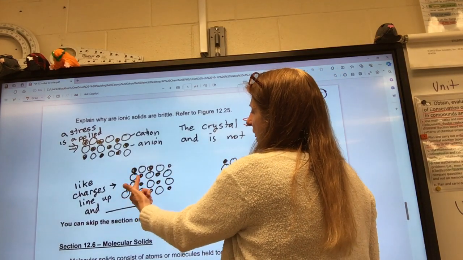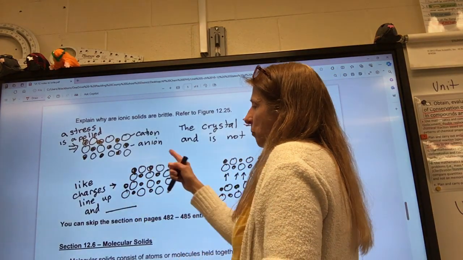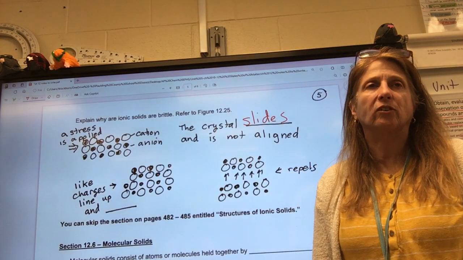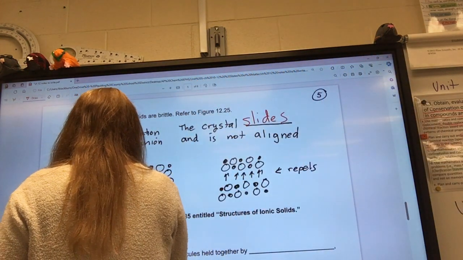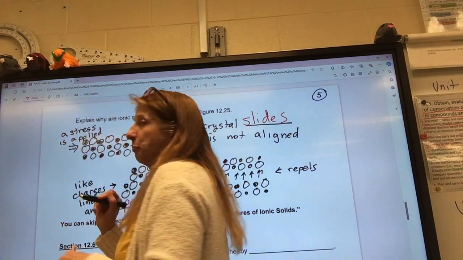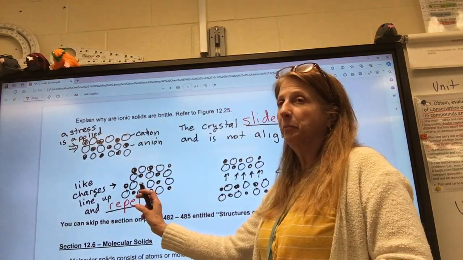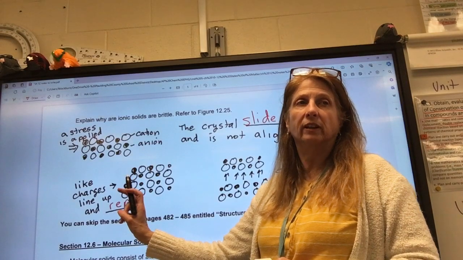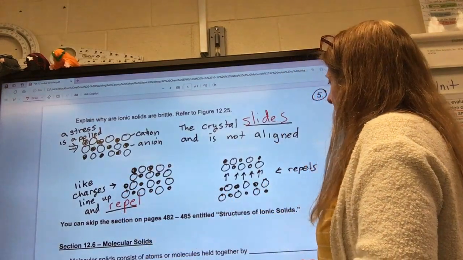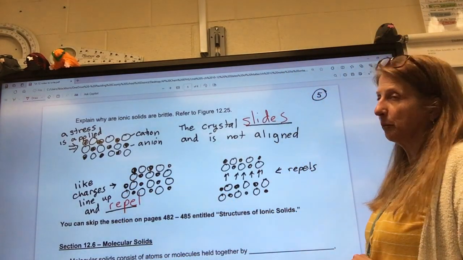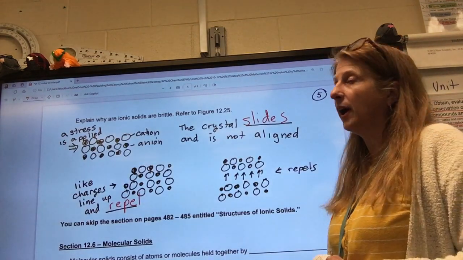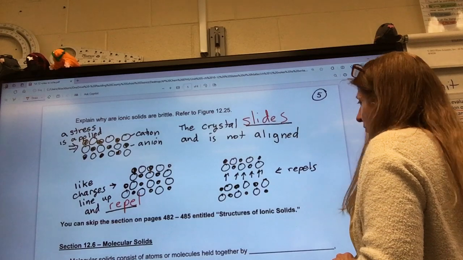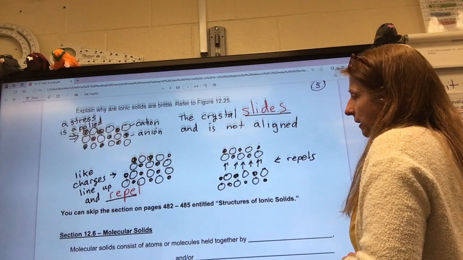Instead, you've got like charges next to each other. And what do like charges do? Attract or repel? They repel. So not only does my salt lamp break, it explodes, because I'm going to have this big force of repulsion causing them to repel against each other, and they're going to repel and explode. So now you know why if you hit a salt lamp with a hammer, it's really going to do some breaking.